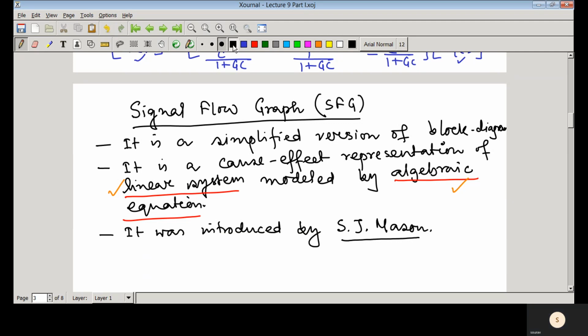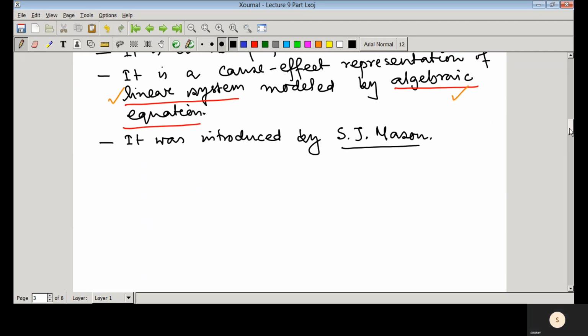Suppose we have one algebraic equation, that is y2 equal to a12 into y1. Now in the signal flow graph, variables are represented by nodes.